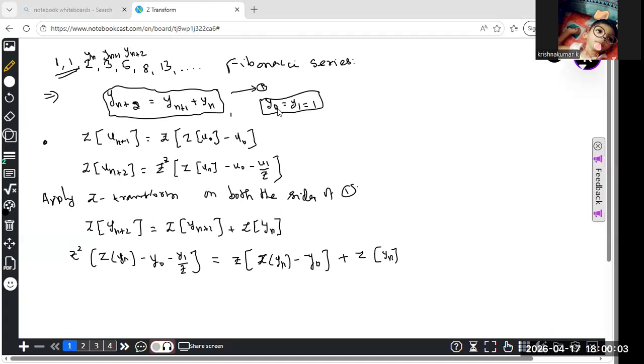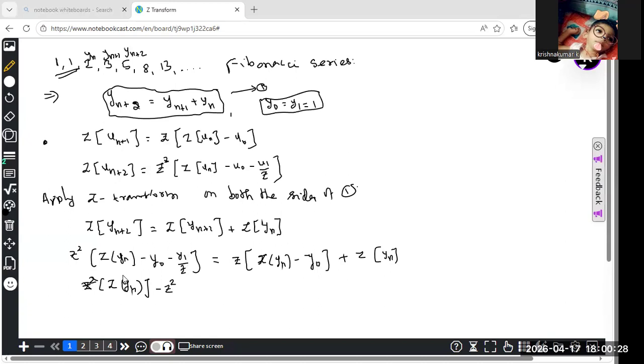here it is given that y0 and y1 both are equal to 1. So therefore this becomes z square into z transform of yn, and this is 1. So therefore this will be equal to z square.